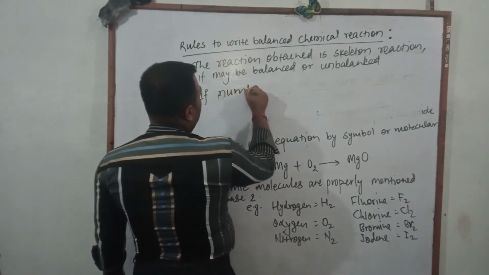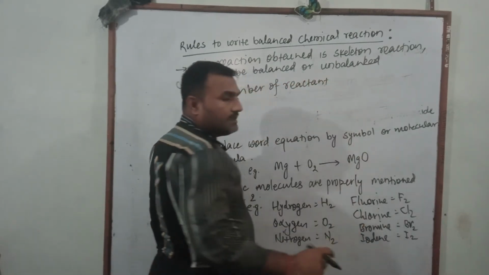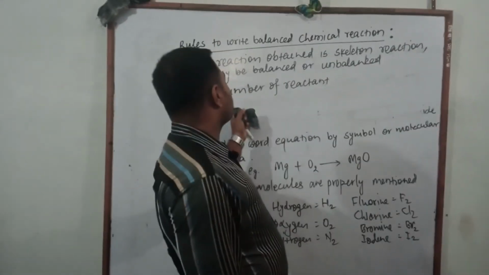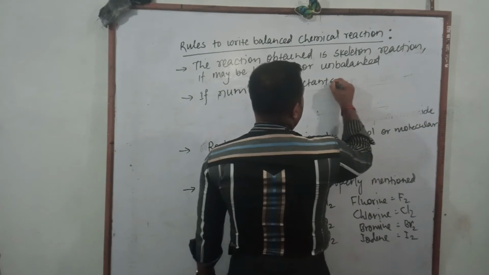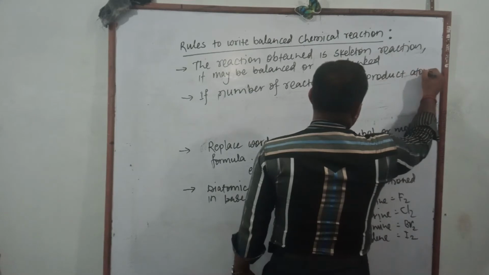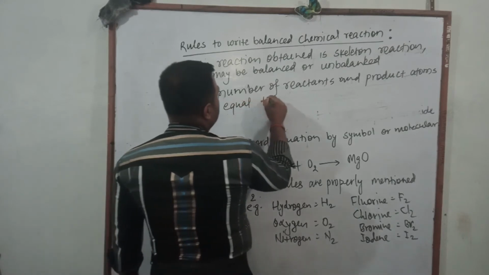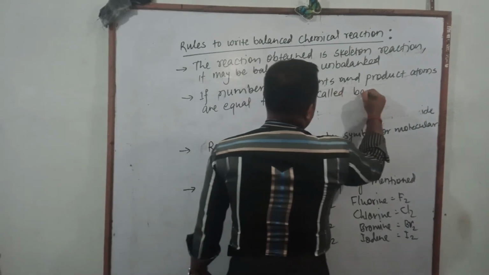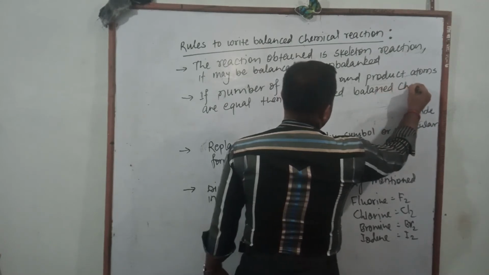If the number of reactant atoms and product atoms in any chemical equation or skeleton equation obtained are equal, then it is called a balanced chemical reaction.